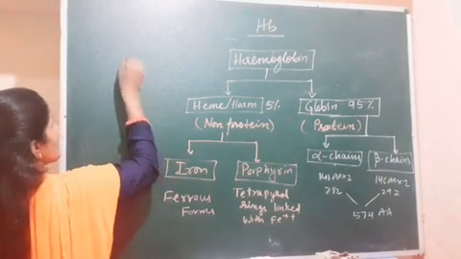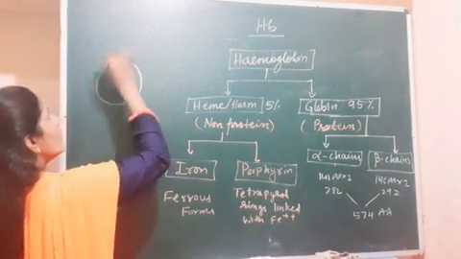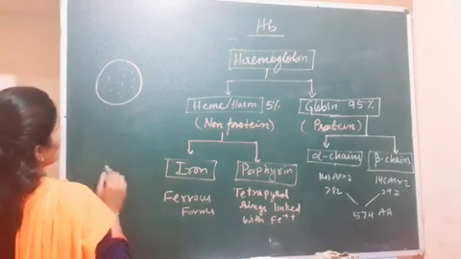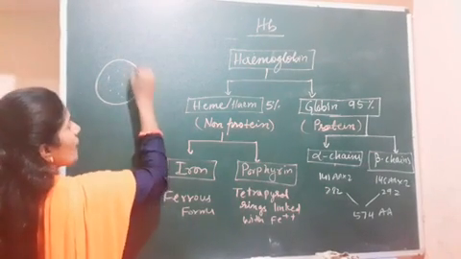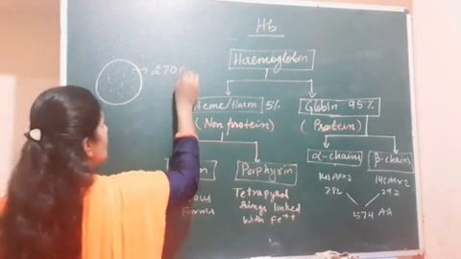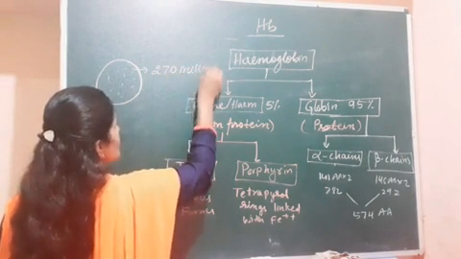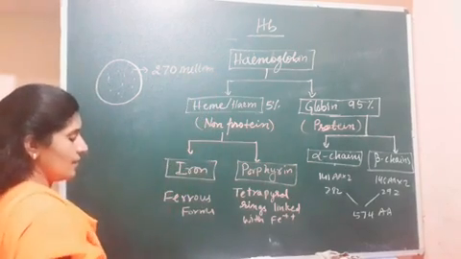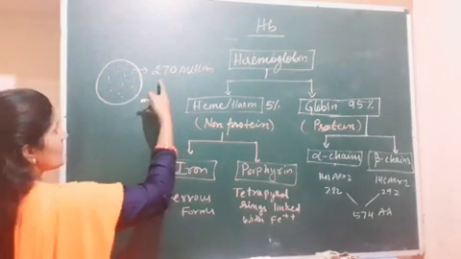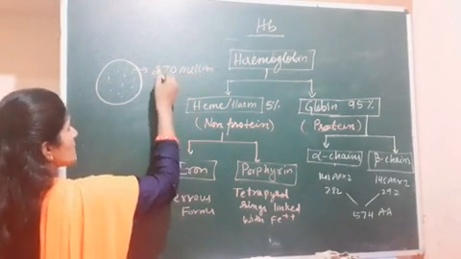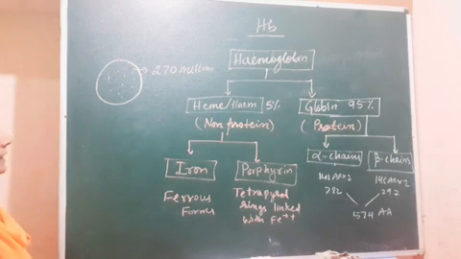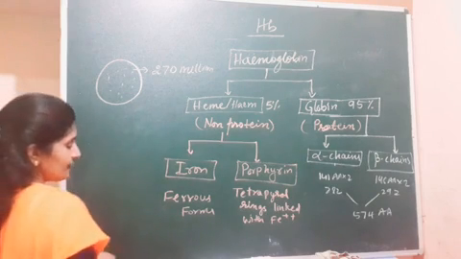Each RBC cytoplasm has hemoglobin, approximately 270 million hemoglobin molecules are present in the RBCs.